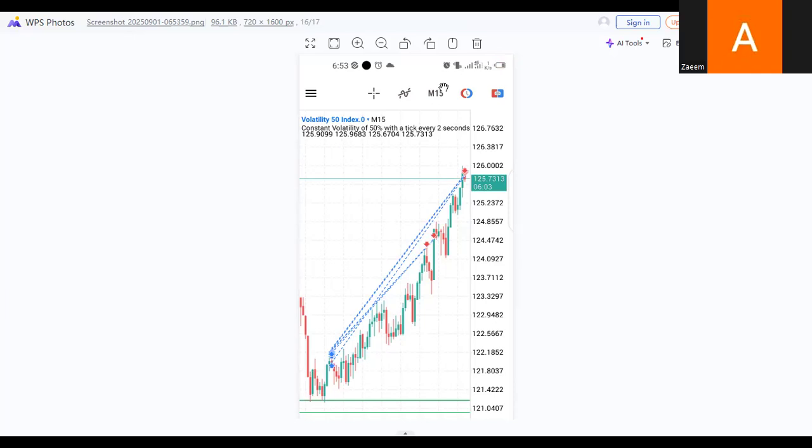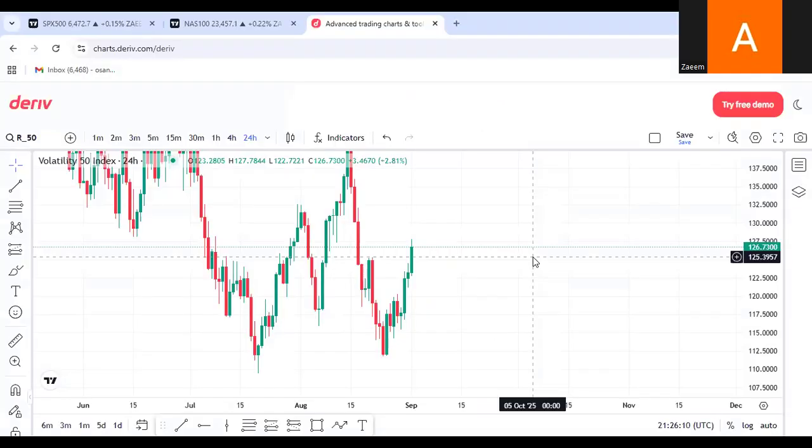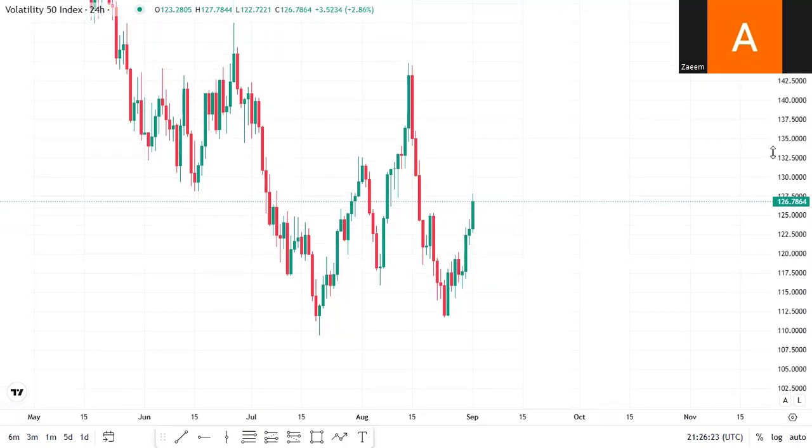So let's go back to the chart and let me explain what I was looking at. It's just the same thing over and over again. If you stick to it and you are patient enough, you will understand every concept I'm teaching. The most important thing is don't overcomplicate it.